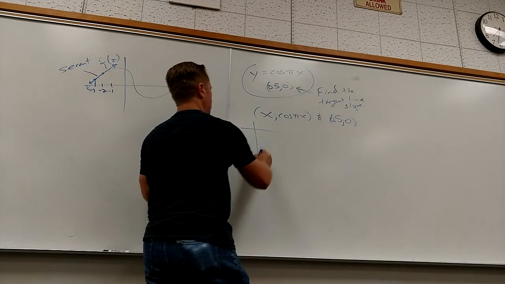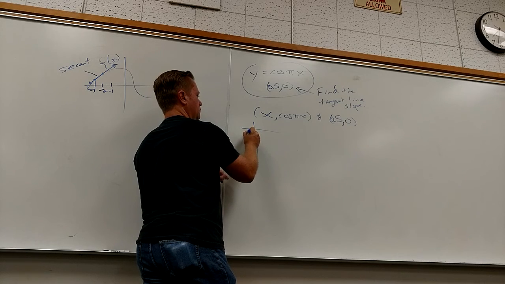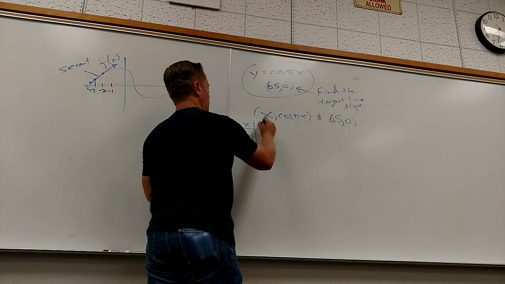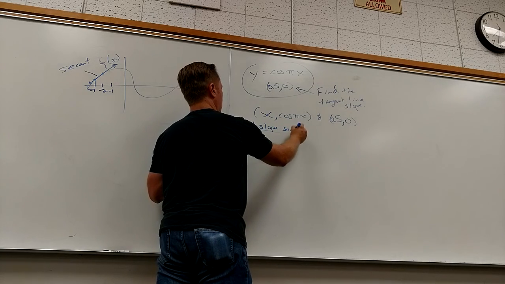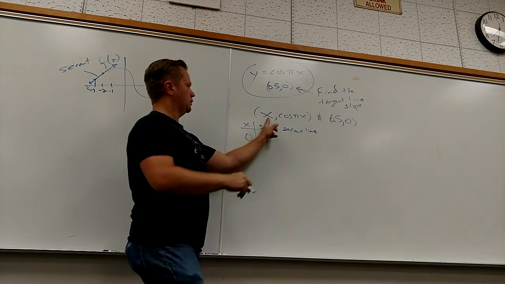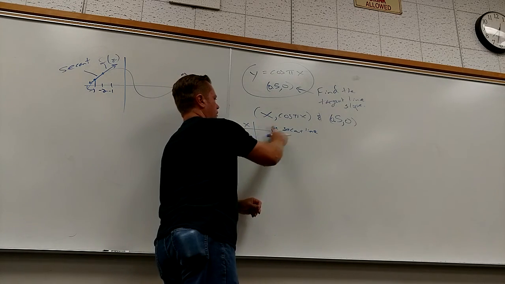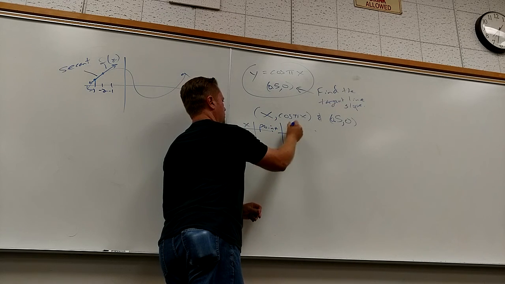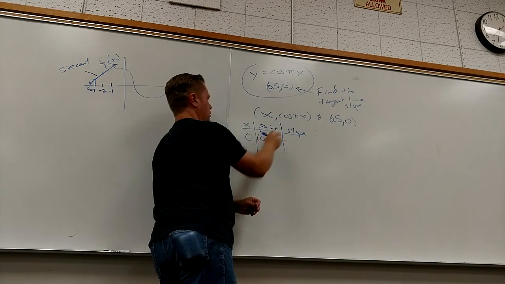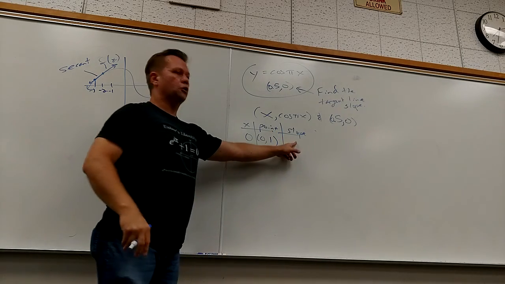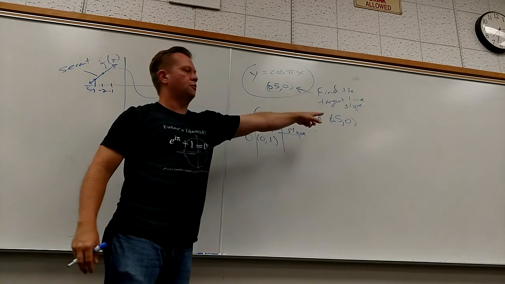So if x is 0, what's my slope of the secant line? So this will be 0, comma, let's do this. Let's make it a little easier on you. What's the point, and what's the slope? So this would be 0, 1. Now what's the slope between that point and that point?